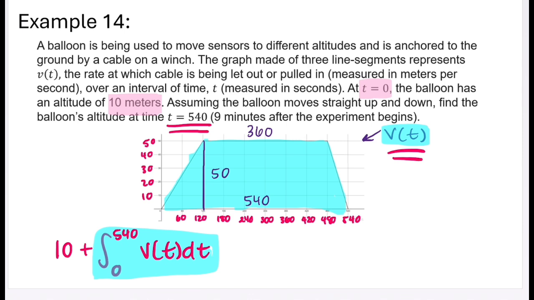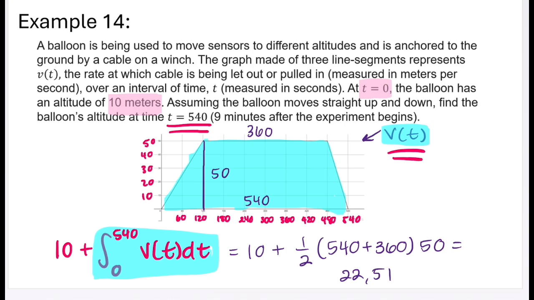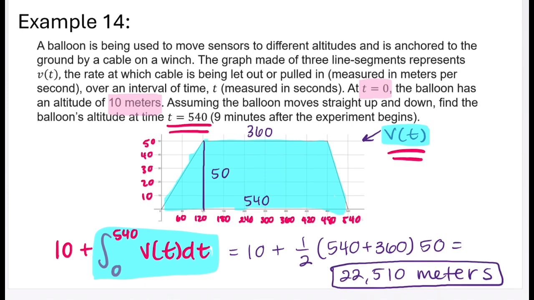So I'll set that up: 10 plus 1/2 times base 1 plus base 2 times the height. If I put all of that in, 1/2 times 540 plus 360 times 50, and then add 10 to that, I end up with a grand total of 22,510 meters. That's my final altitude after those 540 seconds.